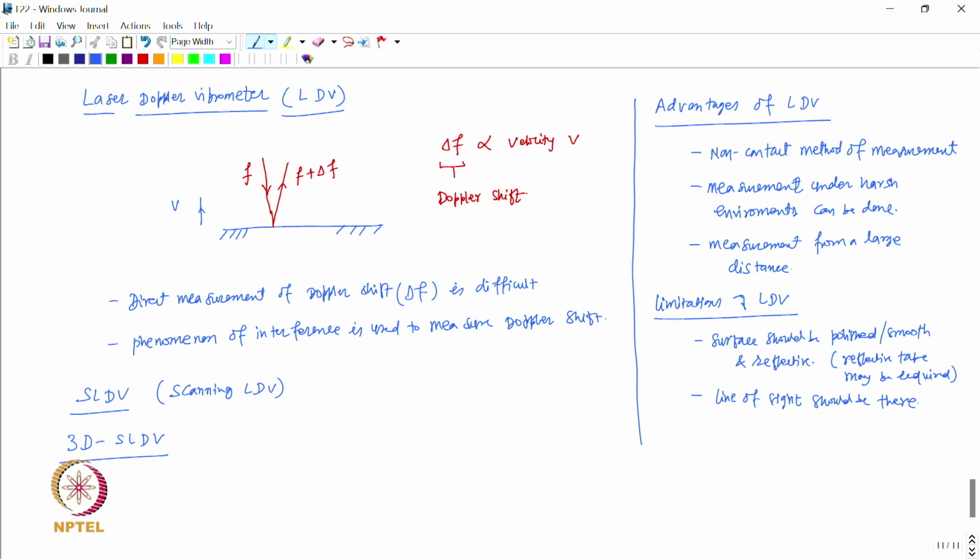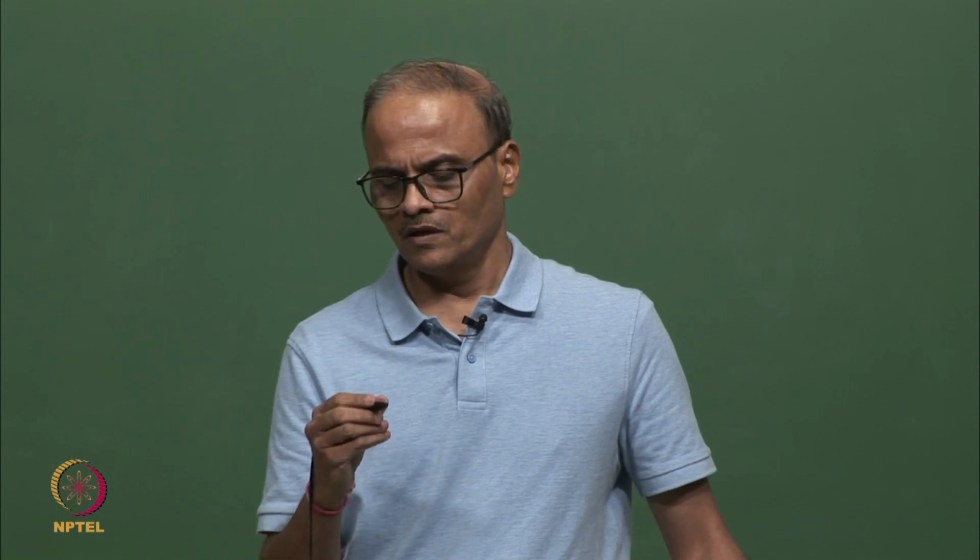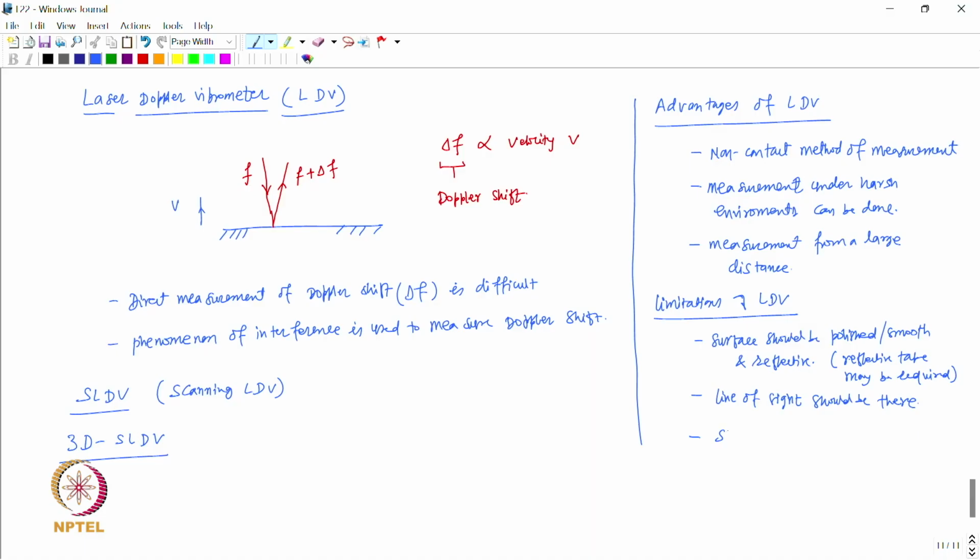If the point is not in the line of sight, then measurement cannot be taken. Then sometimes if the surface is rough, there is a lot of diffusion of the incident light, and that leads to noise in the signal. That is often referred to as speckle noise. So sometimes the measurement may not be very good because of the speckle noise.